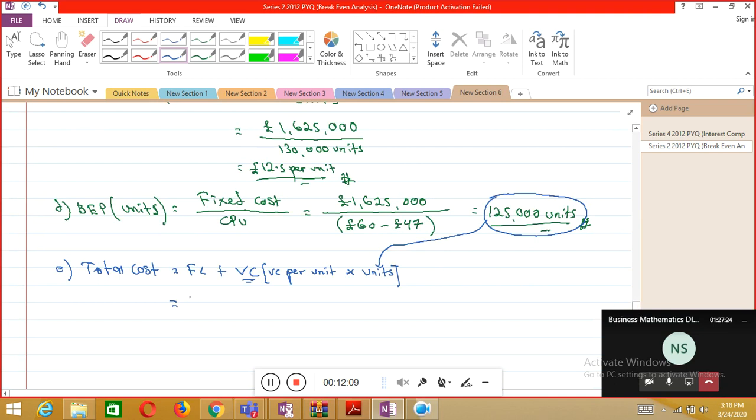So the fixed cost is 1625 plus the variable cost, which is 47 times 125,000 units, to get the total.